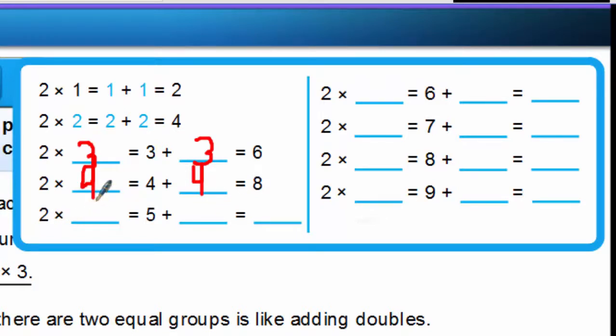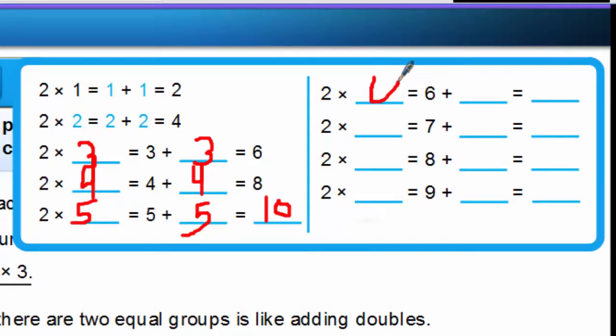Good. 2 times 5 equals 5 plus 5, which equals 10. Those are all the same answer. 2 times 5 is the same answer as 5 plus 5, which is the same as 10.